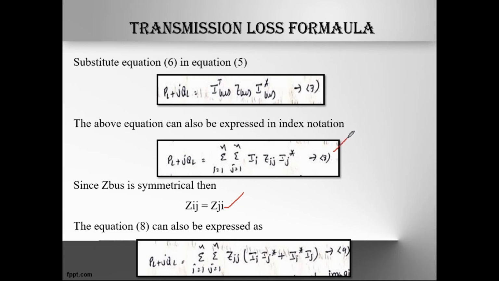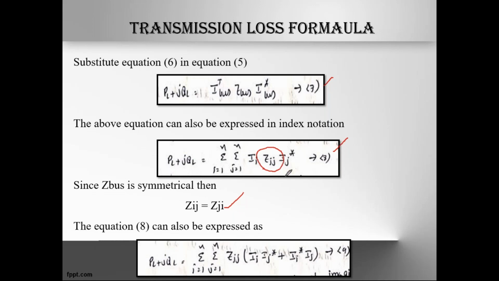So this is equation 8, and equation 7 is what we got after substitution of 6 in 5. And if equation 7 is represented in the form of index notation, you will get it like this. The representation of Z bus in terms of Zij, for formation of the Z impedance matrix, is called index notation.